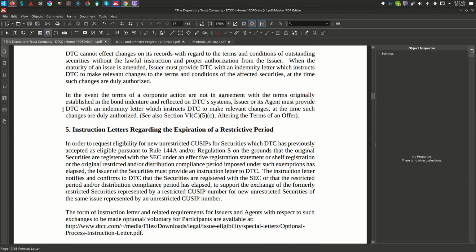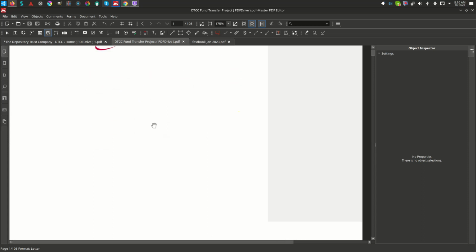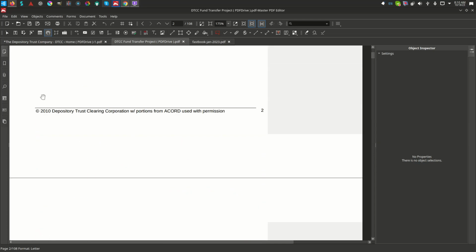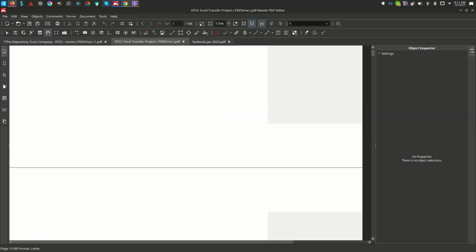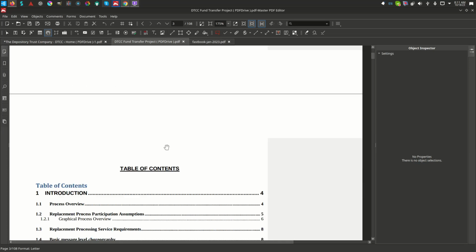a UCC5, we're now ready for the implementation guide. See, the implementation guide is then going to tell you how all those things that were done on the DTC side, remember the DTC side, need to look on the DTCC side.